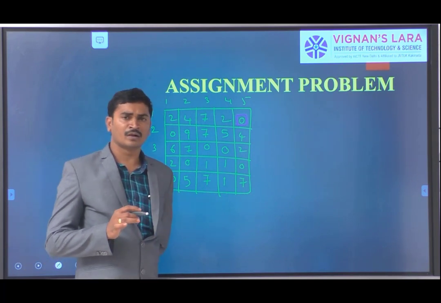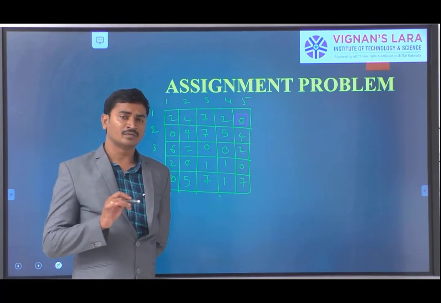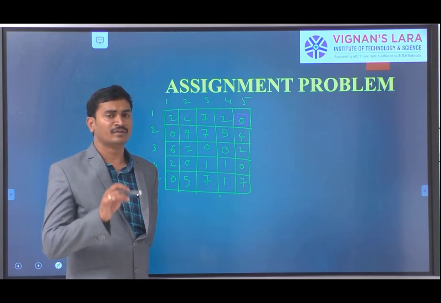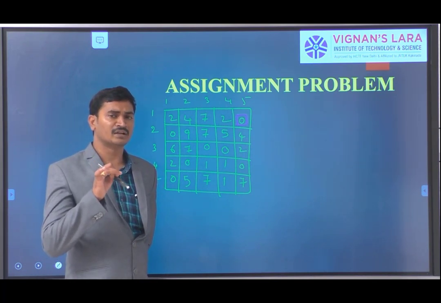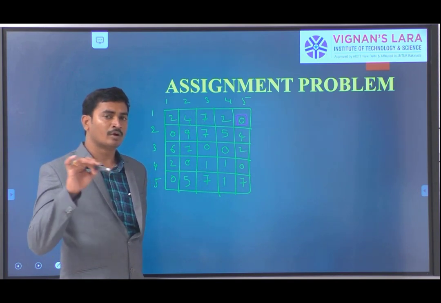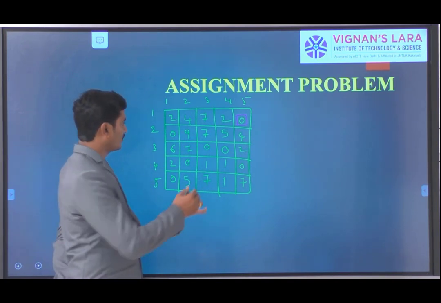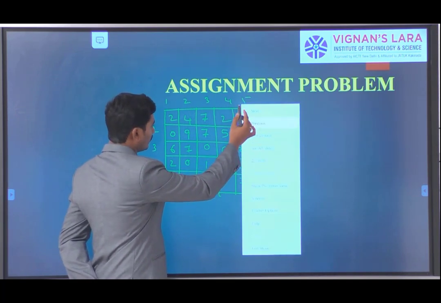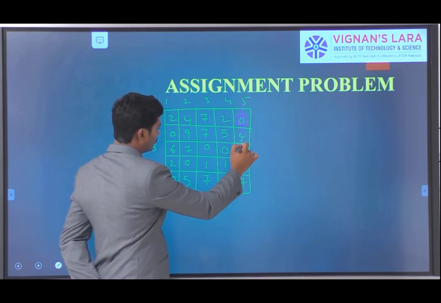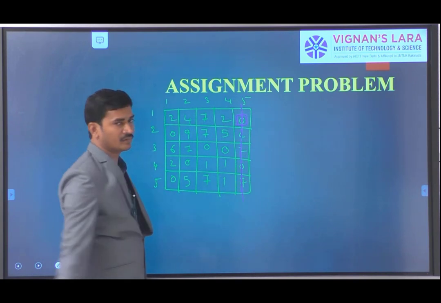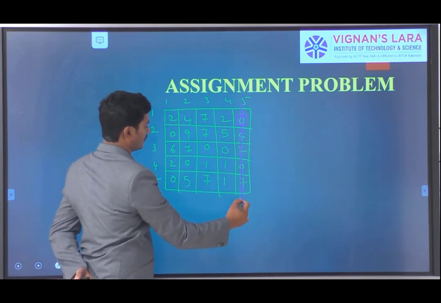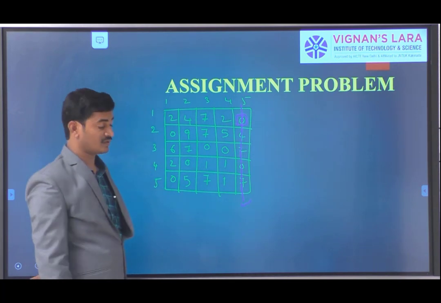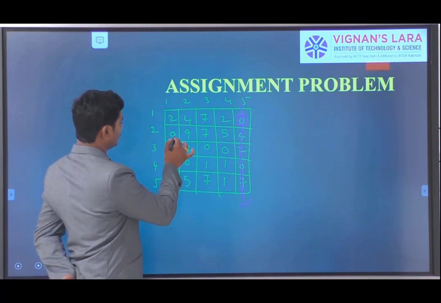If we did the row searching, we draw the vertical line. When we are doing the column searching, at that time we draw the horizontal line. Here we did the row searching, so after row searching we draw the vertical line. It is deleted. It is also called a ticked column.